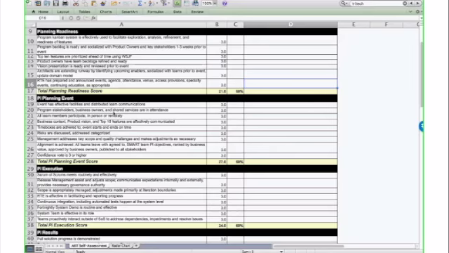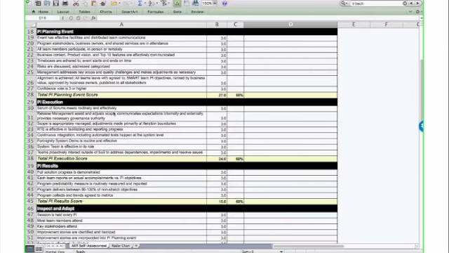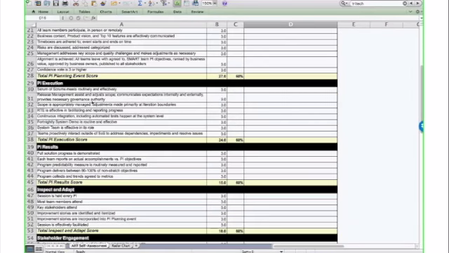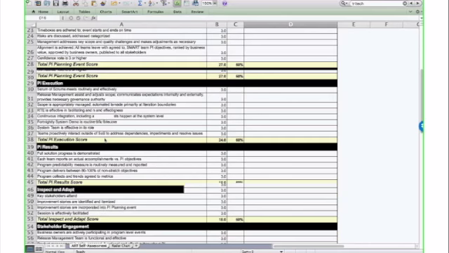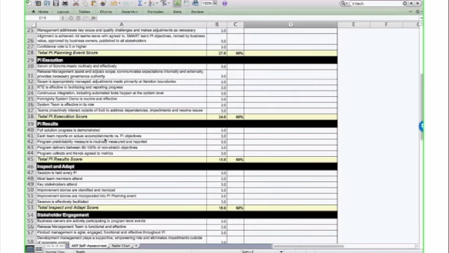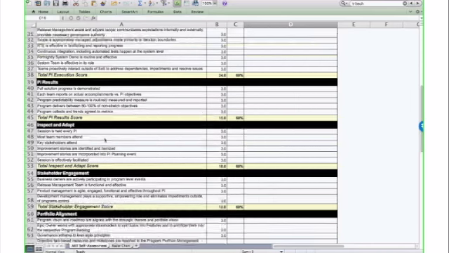So for instance, for PI execution, we want to know, are Scrum of Scrums meeting routinely? Is the scope appropriately managed? Is the RTE effective in facilitating, right? So it's much more fine-grained. And then we go down into stakeholder engagement, portfolio alignment, right?